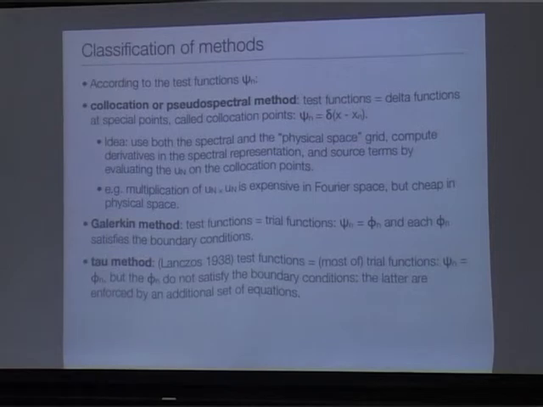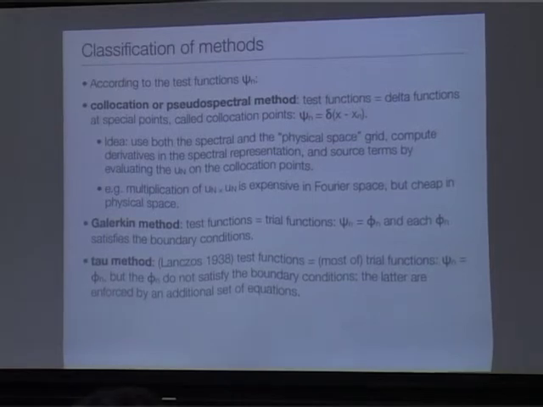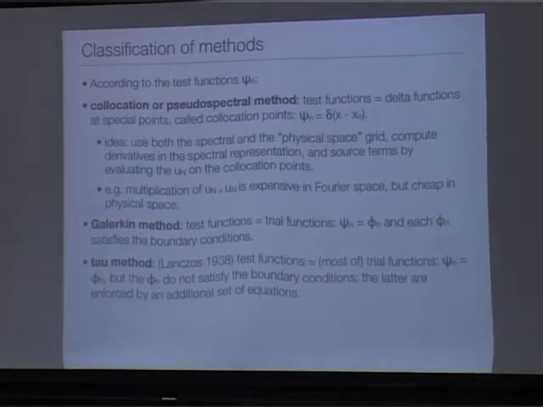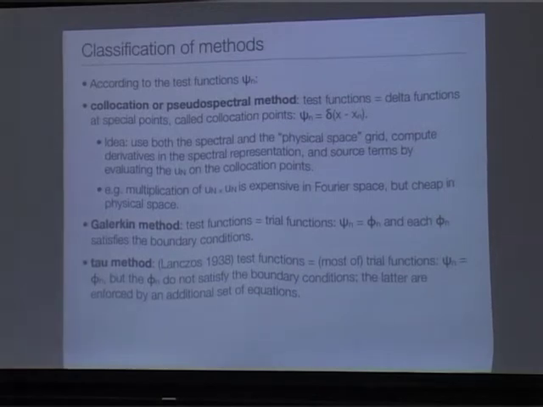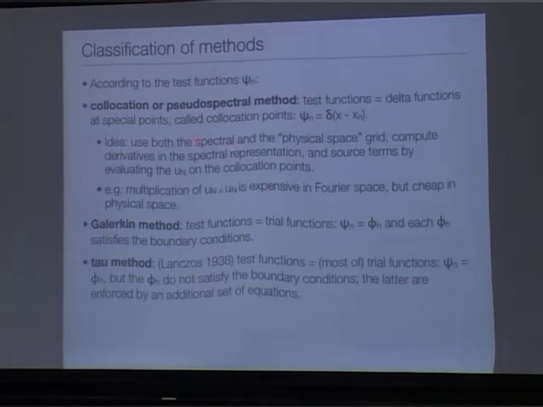The idea is that for these methods you use both the spectral grid and the physical space grid. Whenever you compute a derivative, you compute it in the spectral representation. And whenever you compute a source term, you do that by evaluating your source on these collocation points, on your grid points.